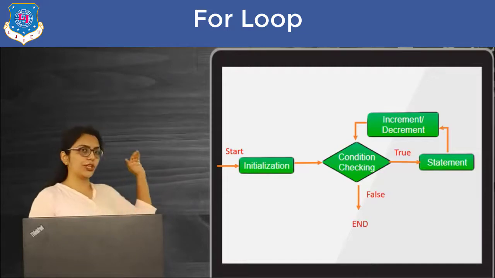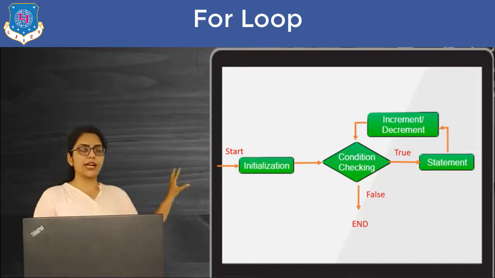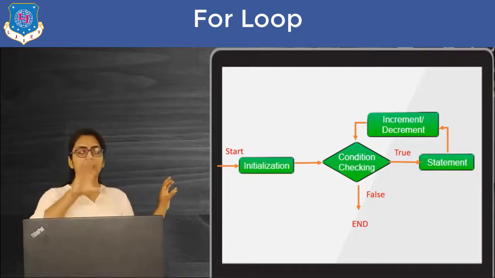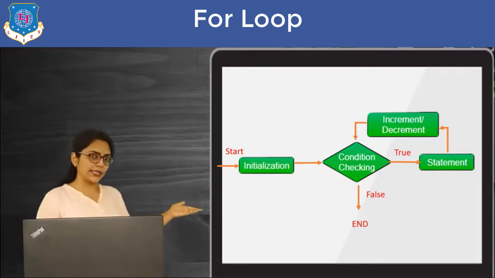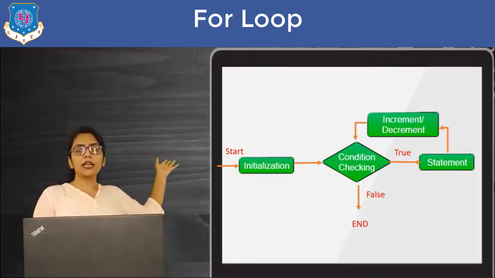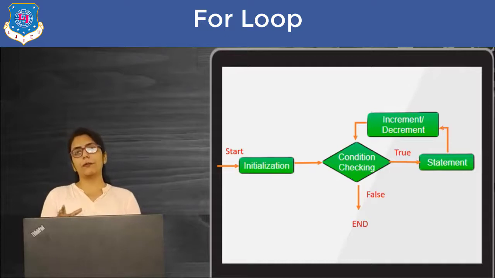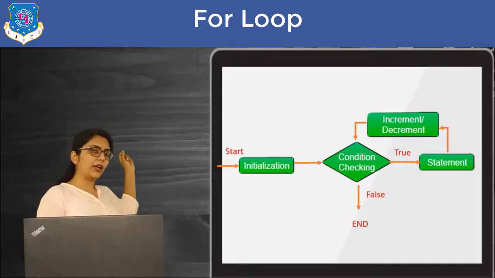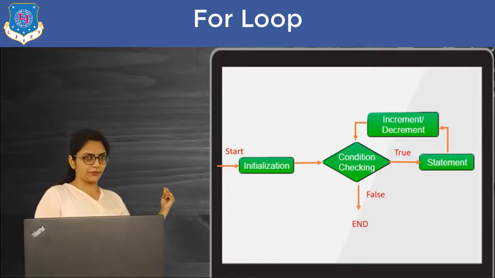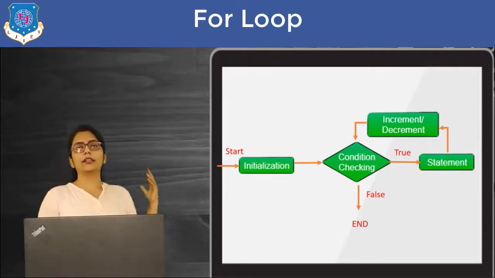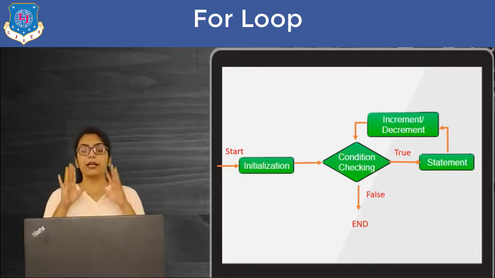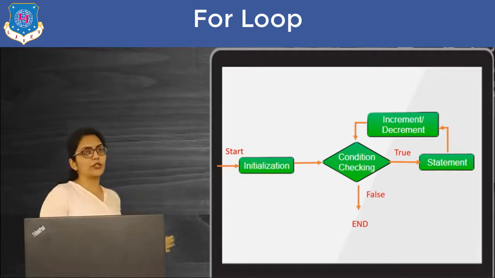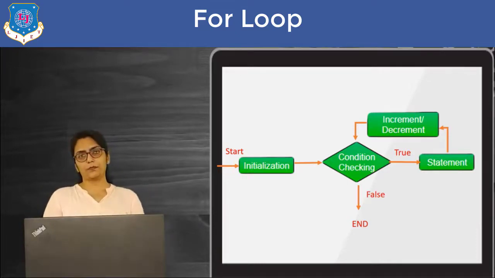But if the condition is true, then the statements inside the loop will be executed and the increment or decrement of the loop variable will be done. Again, after incrementing or decrementing, it will check the condition. If the condition is true, this keeps happening. But if not, then it will just end the loop.